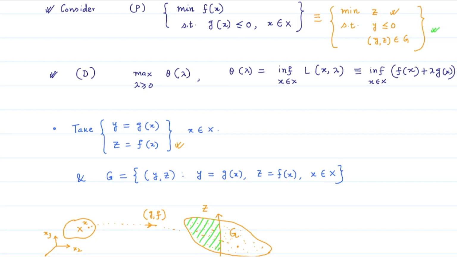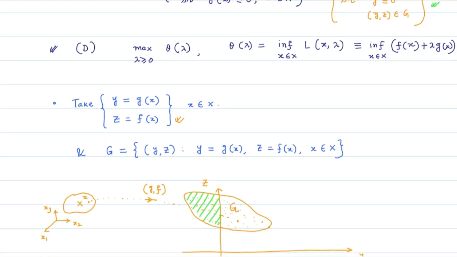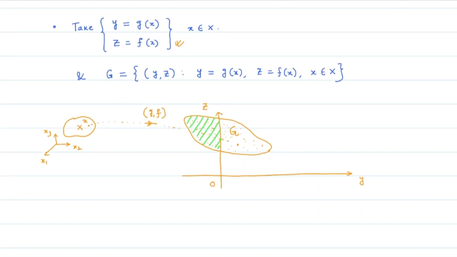Now inside this feasible set, the minimum value of z in this figure is given at this point, at which we have the minimum value of z inside this green shaded region. So geometrically we see here that this point is our primal optimum value.